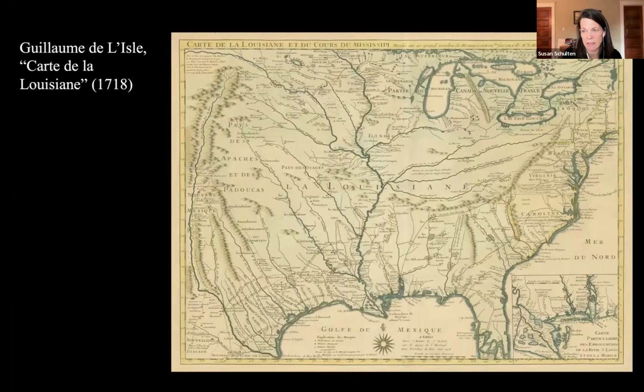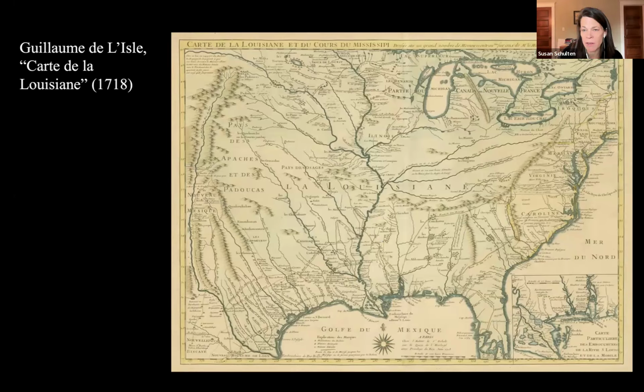But I wanted you to see the entire package first. Guillaume de Lille presented this map to the French king in 1718, Carte de la Louisiane, a map of Louisiana. If you don't know, Louisiana was the French term for their respective land in North America.